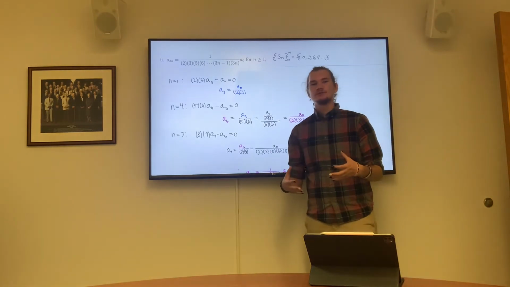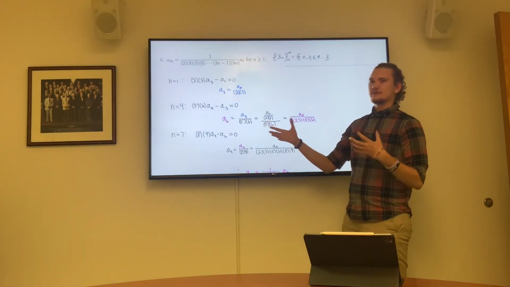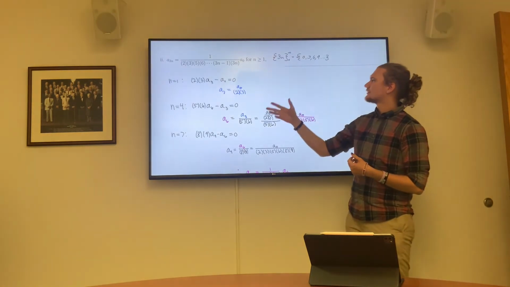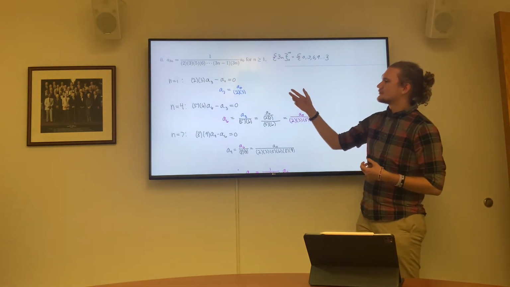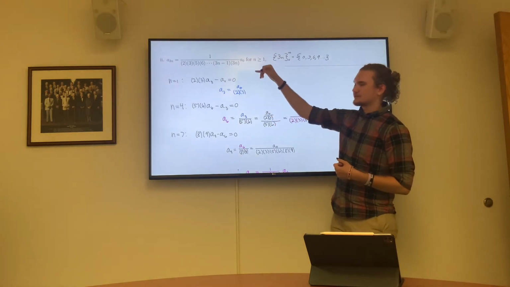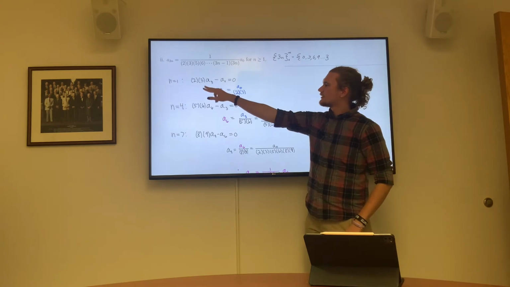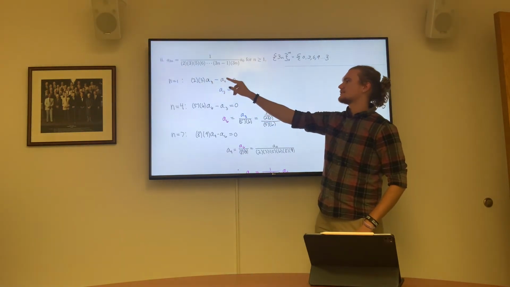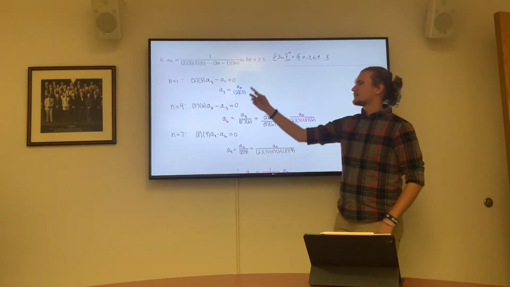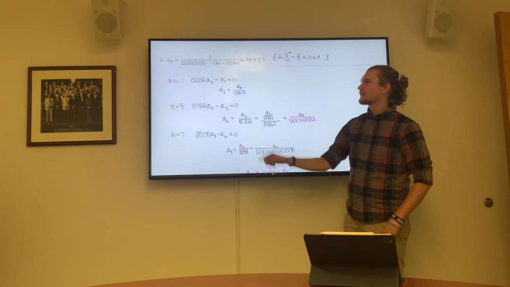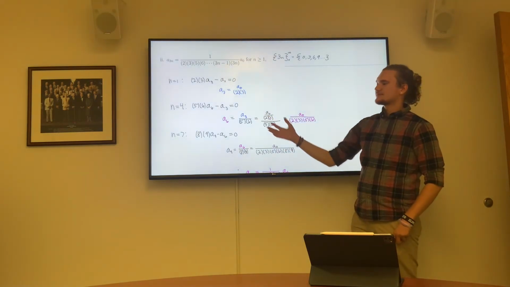Now moving on to the a3n values, we have this beautiful sequence. If we were to plug these into the previous equation that we worked out, we would get 2 times 3 times a3 minus a0 equals 0. We can arrange this, and we get this wonderful fraction, a0 over 2 times 3 is equal to a3.